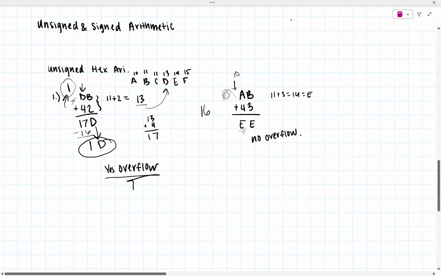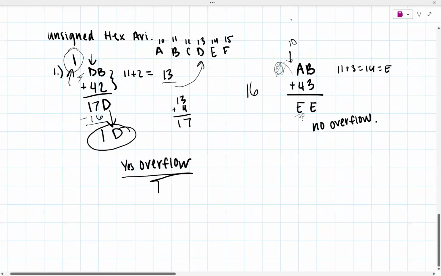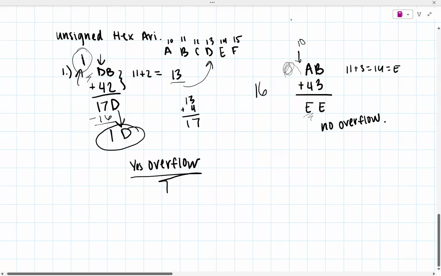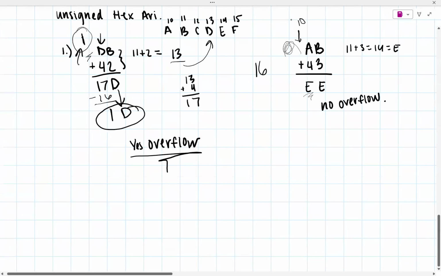For unsigned questions, we're looking to see if we have extra bits that get pushed over that don't get included. Only for unsigned does this apply, right? So that's how you do hexadecimals first.